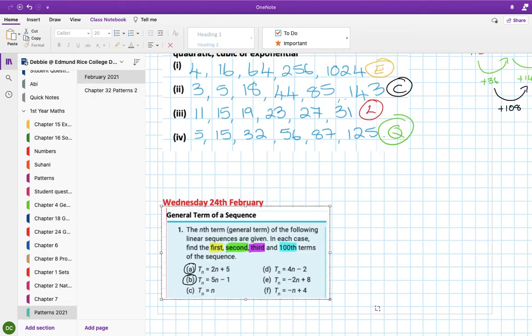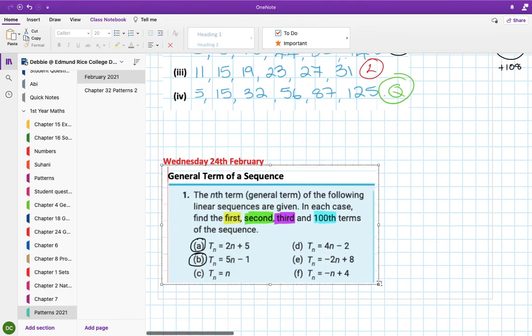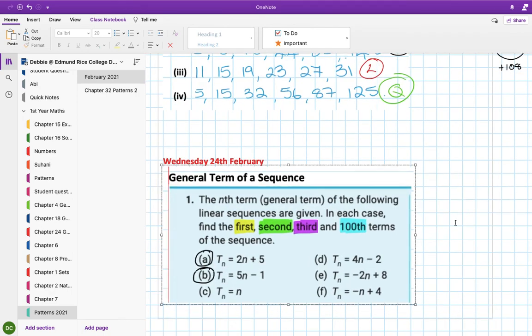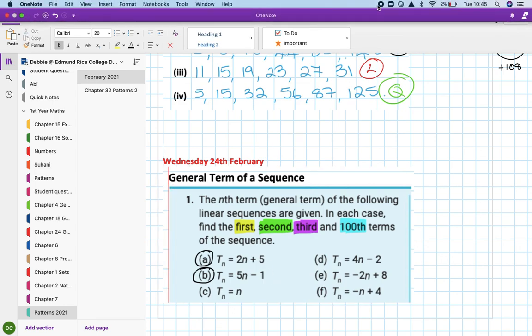So there you go, just A and B. Find the first term, the second term, the third term, and the 100th term for each sequence. So find all 4 of them using this formula for A, and then find all 4 using this formula here for B. Okay, and that's due Friday. Alright guys, thanks. Let me know if you come across any issues.